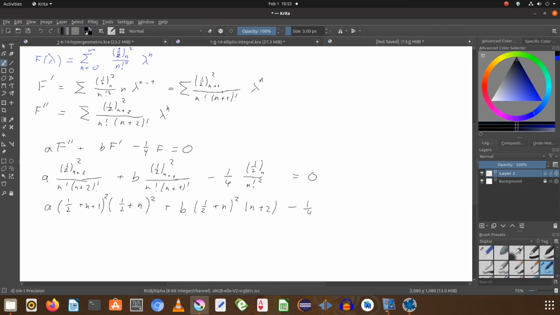This cancels, and then we multiply by n factorial, so that one of them cancels, and then we have n times n plus 1 left.